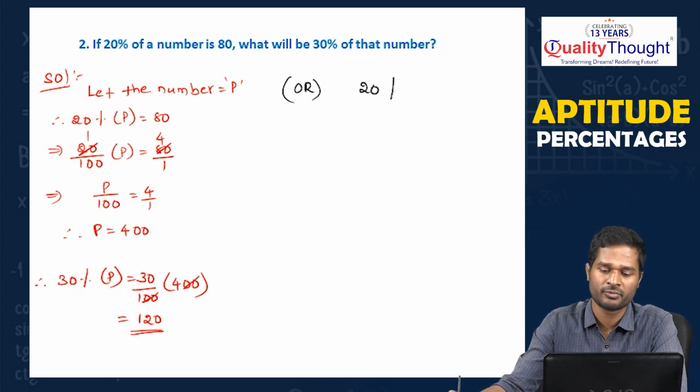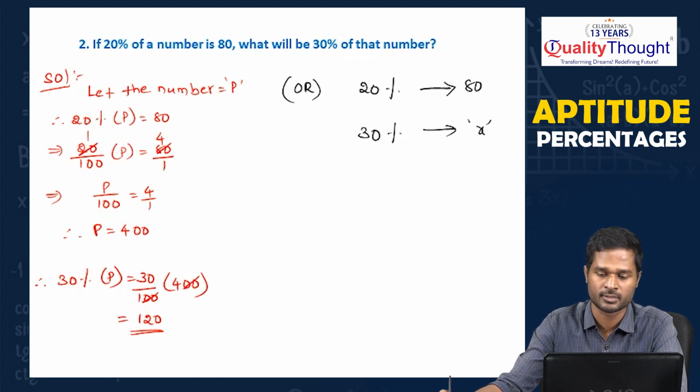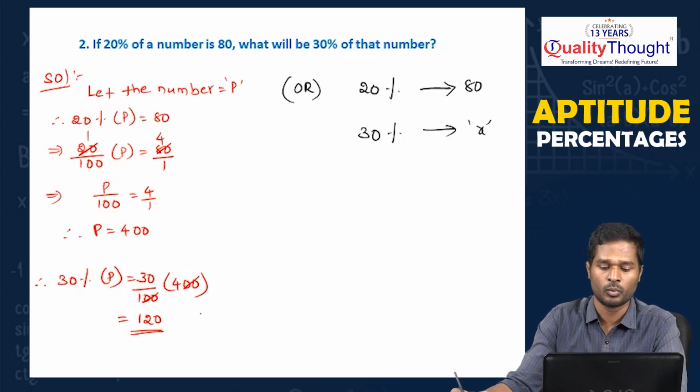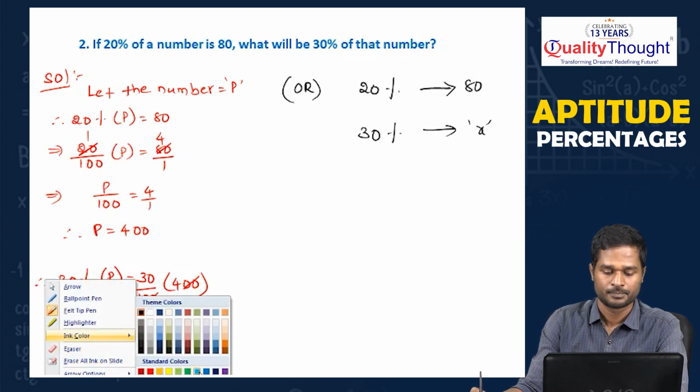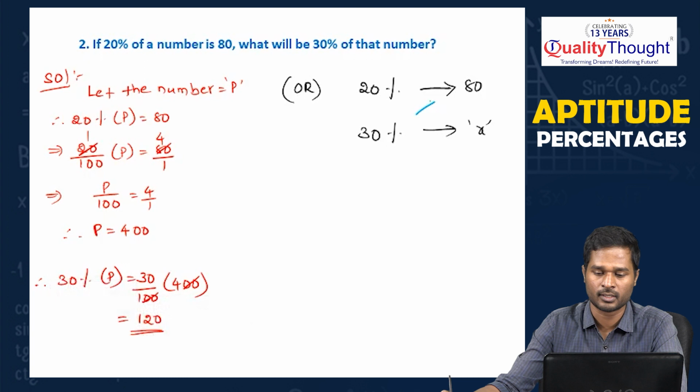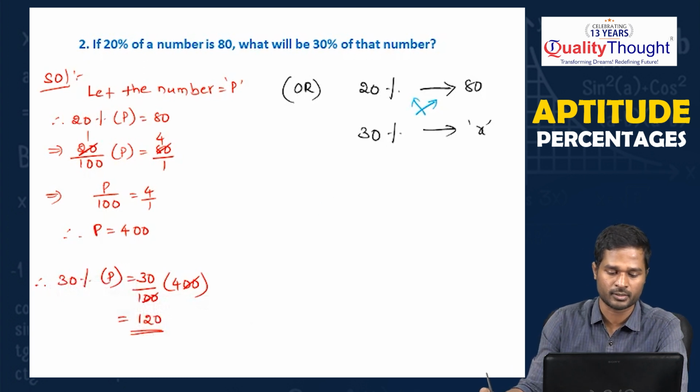If 20 percentage of a number is equal to 80, then what will be 30 percentage of the same number? I will consider it as x. Now what you will do here, you go for cross multiplication. So here you cross multiply this and cross multiply this.